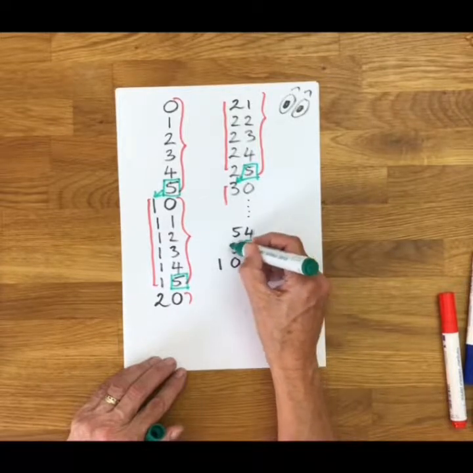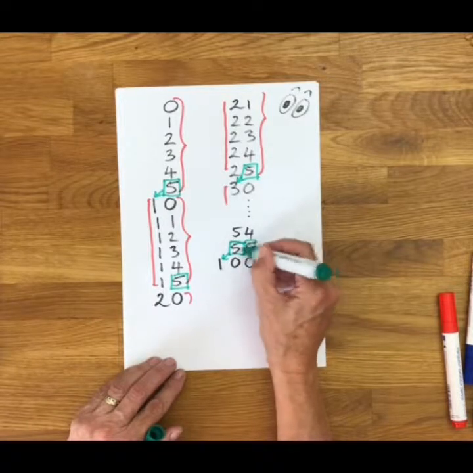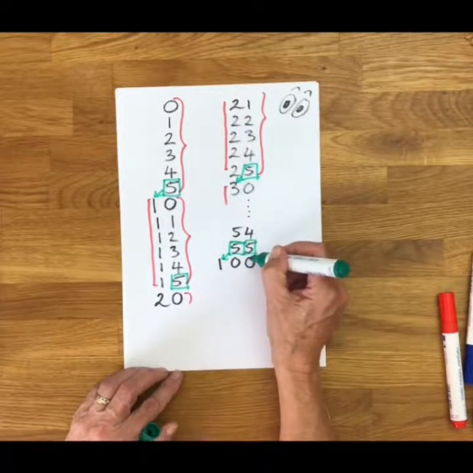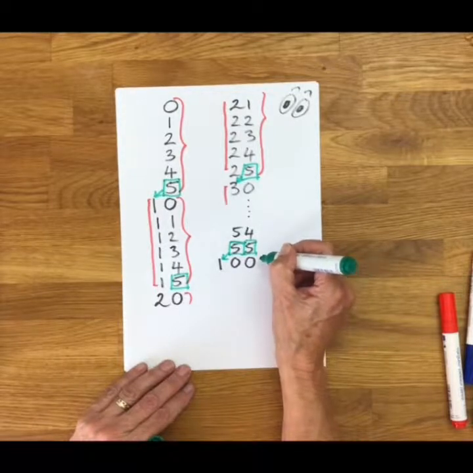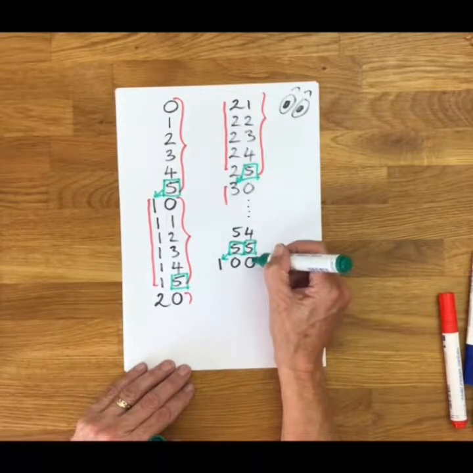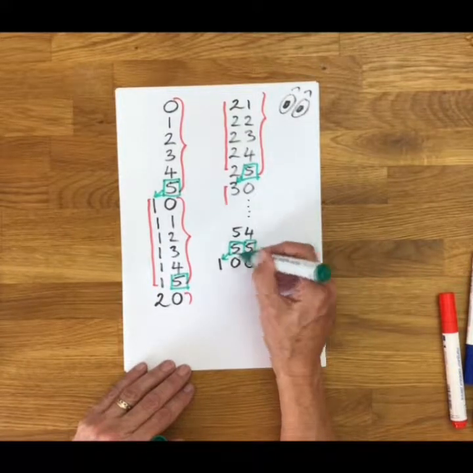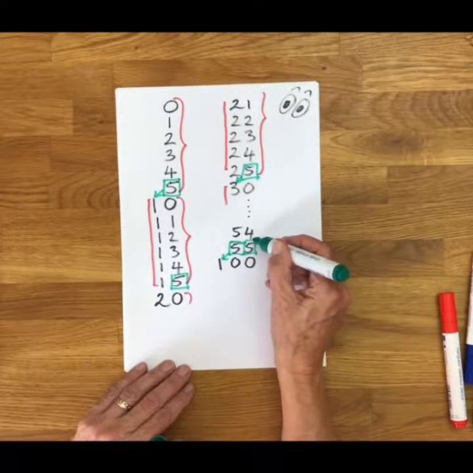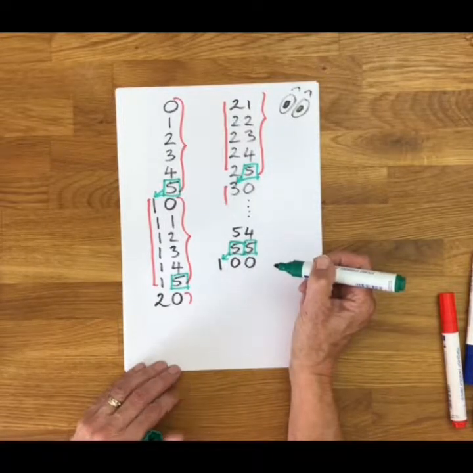We get a double knock on. So if I can secure this idea of what happens when my column is full, when in year 4 we move on to our place value of decimals, I know what happens after 0.99. Because I really understand this idea of once a column is full, the knock-on effect to other columns.